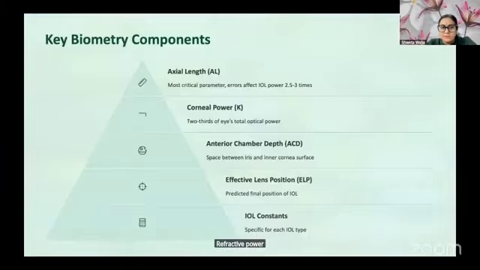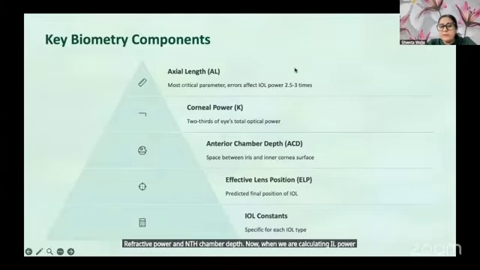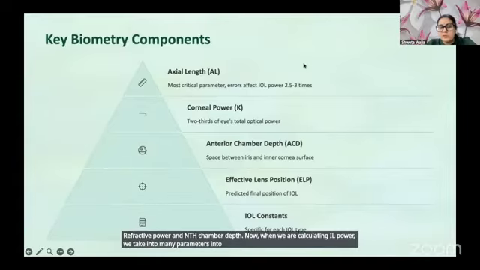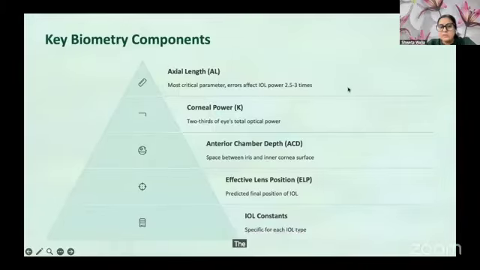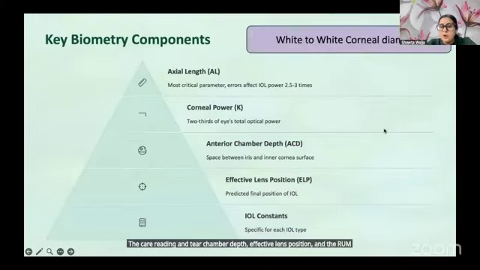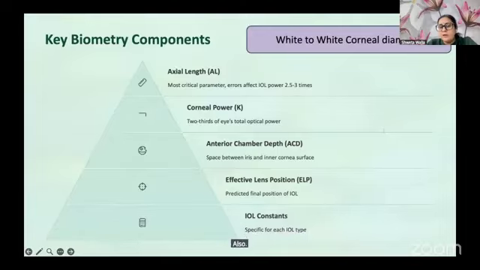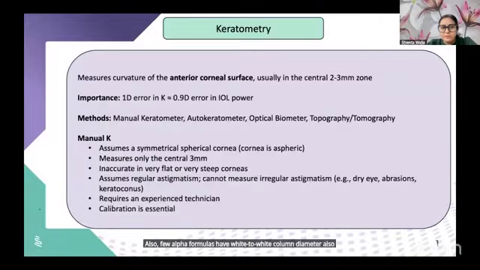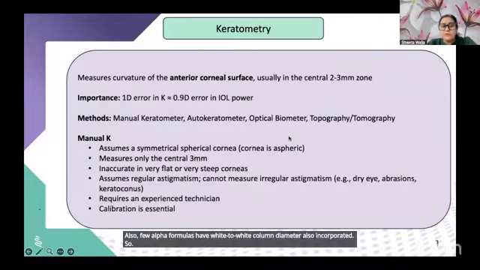and anterior chamber depth. Now, when we are calculating IOL power, we take many parameters into account: the axial length, the K reading, anterior chamber depth, effective lens position, and the IOL constants. Also, a few IOL formulas have white-to-white corneal diameter incorporated. So coming to the first, keratometry measures the anterior corneal surface.